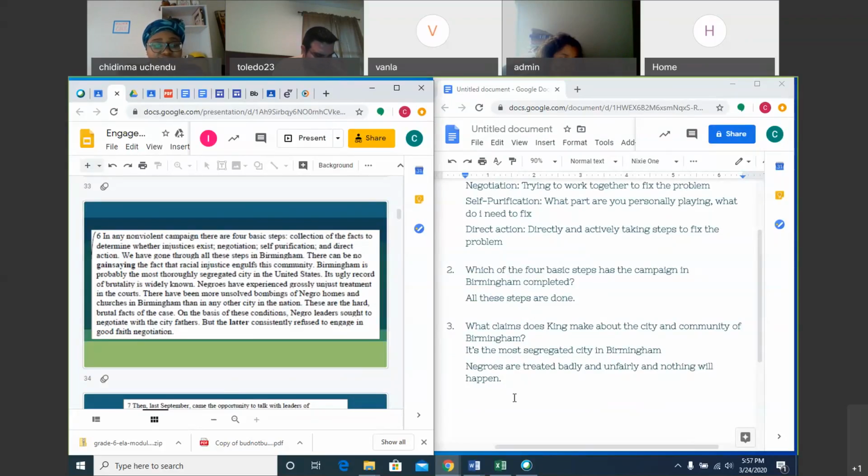On the basis of these conditions, Negro leaders sought to negotiate with the city fathers, but the latter consistently refused to engage in good faith negotiation." The latter means the city fathers.